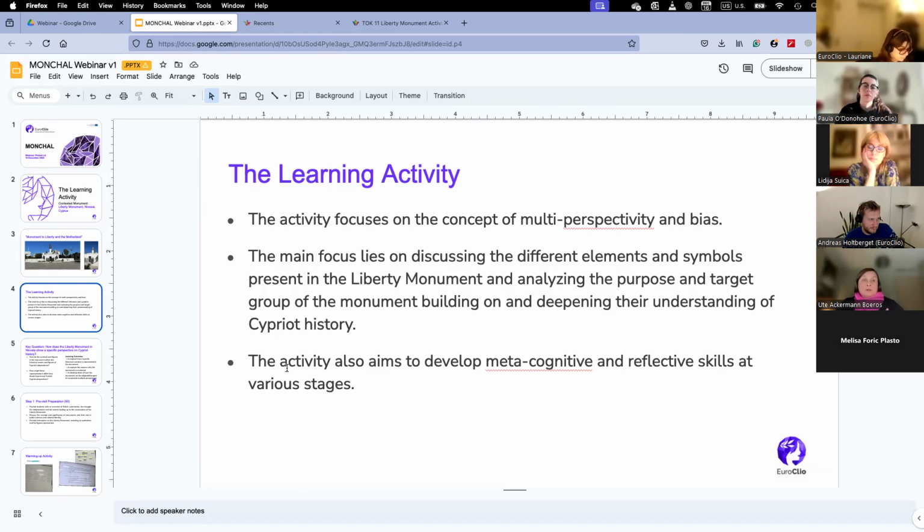I wanted students to also reflect upon their own learning and upon their own biases, and on what the experience of looking at the monument and analyzing its various elements hopefully revealed to them.